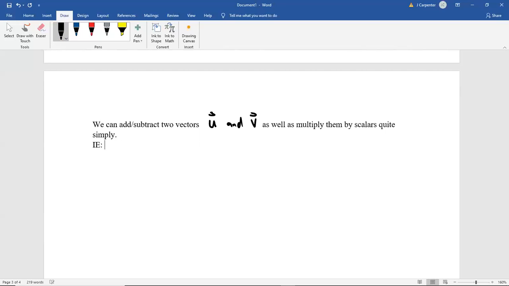In other words, given some vectors u and v, I'm just going to write the rest of this. We could find 3u pretty easily. We could find u plus v pretty easily. We could find 6u minus 5v pretty easily.